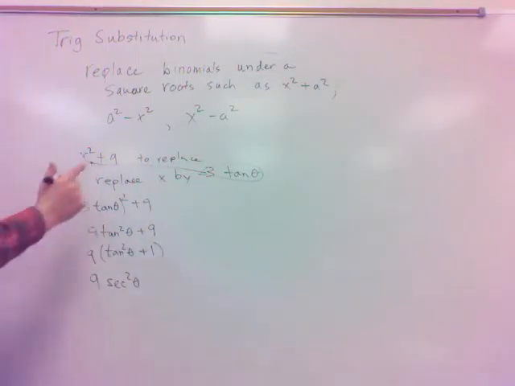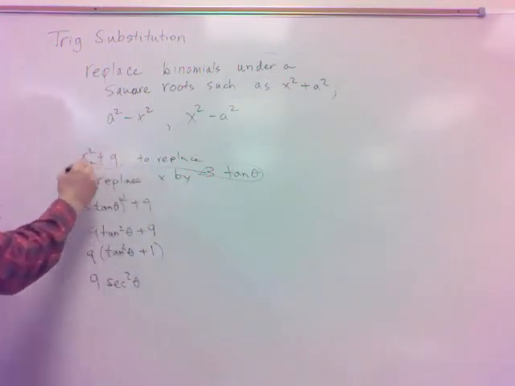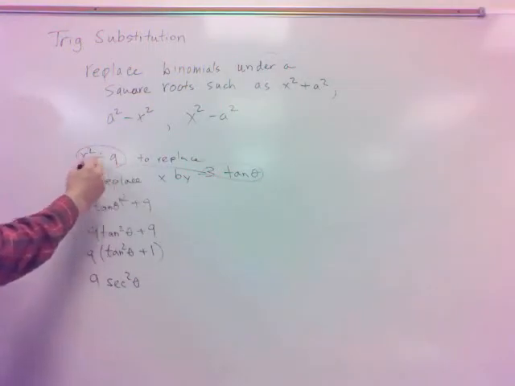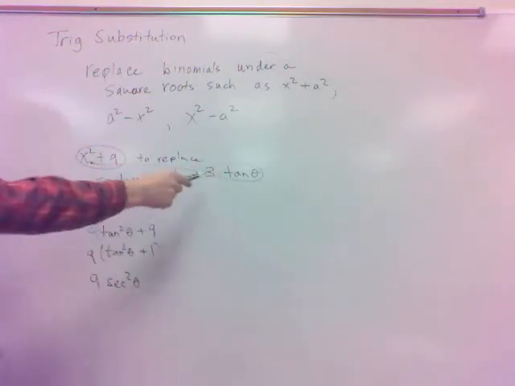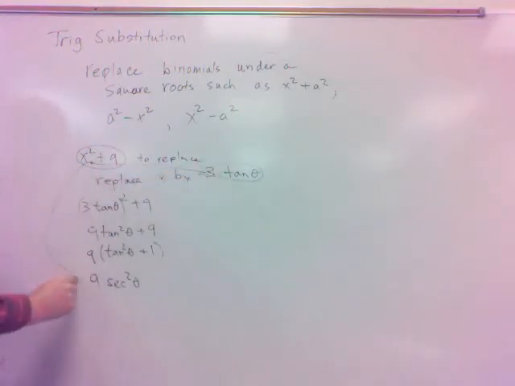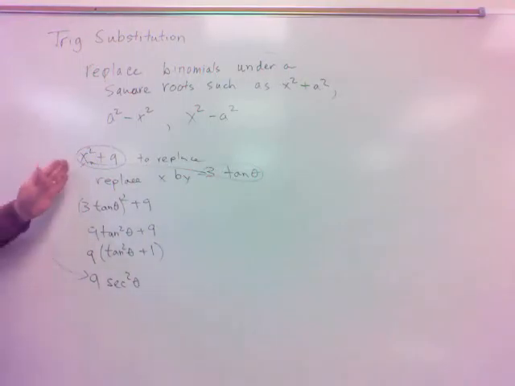And so that's what we're saying. We went with the x squared plus 9, but we replaced it with a certain thing. And you can see why now we did 3 tangent theta. And it became 9 secant squared, which is, the good thing about it is it's not a binomial anymore. It's just a single squared term. That's what we want to do.